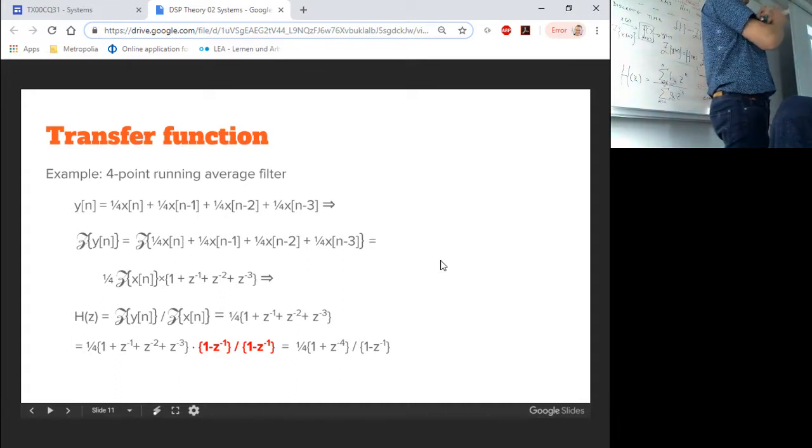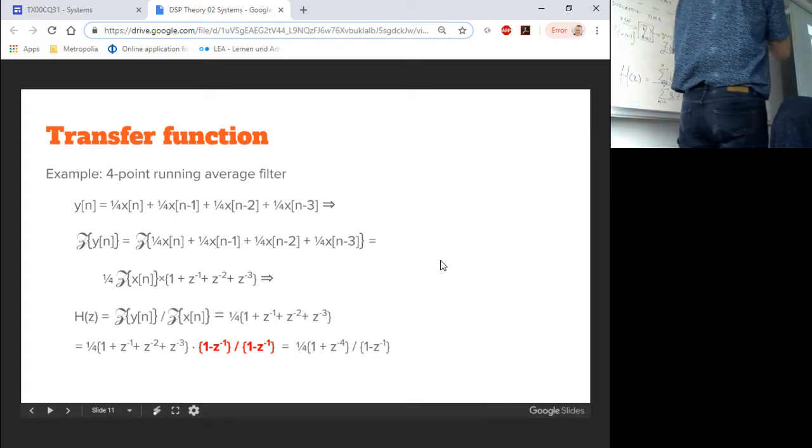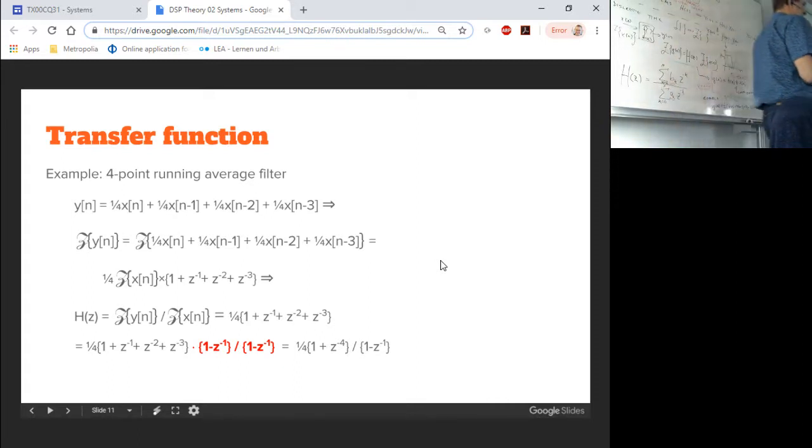The transfer function can also be rearranged as long as you don't change it. Here I have just multiplied it by 1, which is formed by this nice 1 minus z to the minus 1 polynomial.